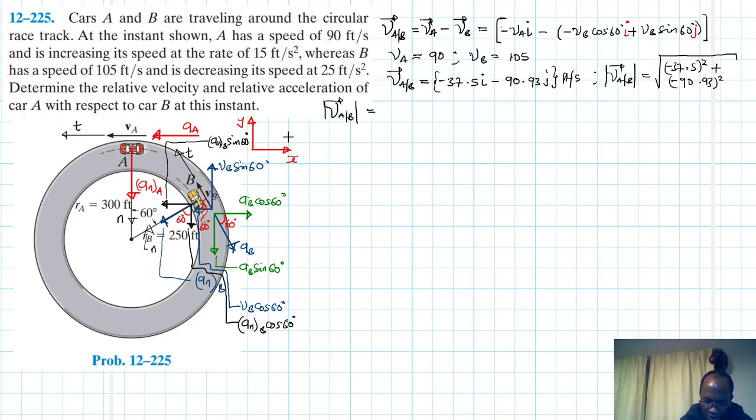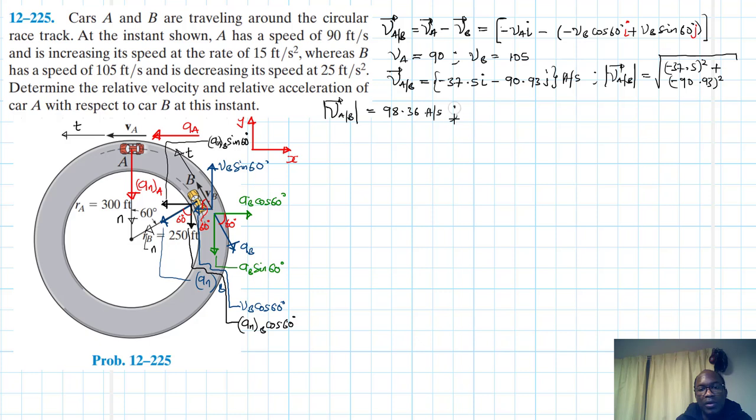Square root of that, we have 98.36 feet per second. It's 105 sin 60. So 90.93 squared plus 37.5 squared, square root of that, 98.36.